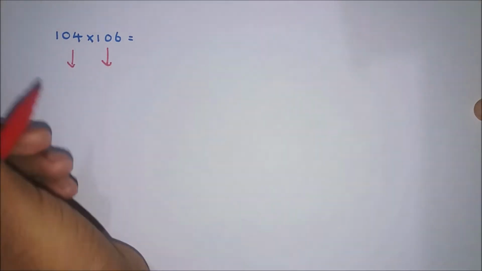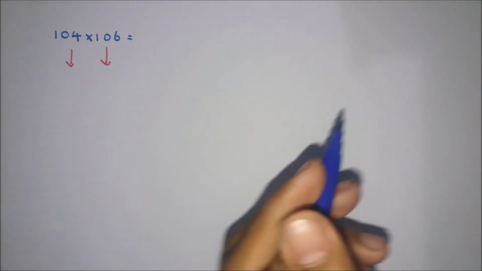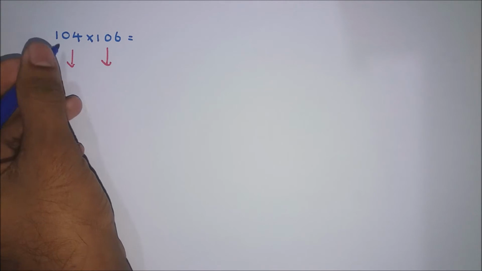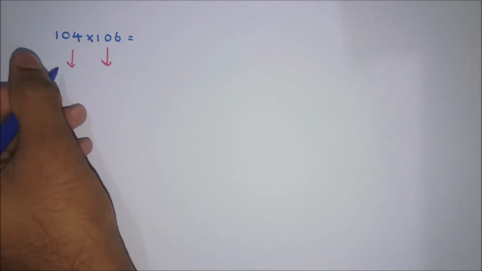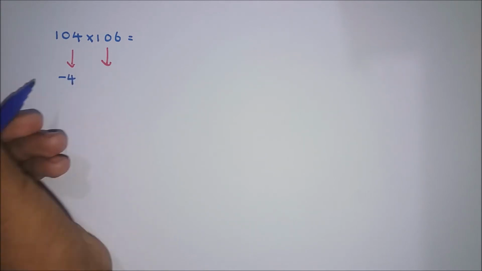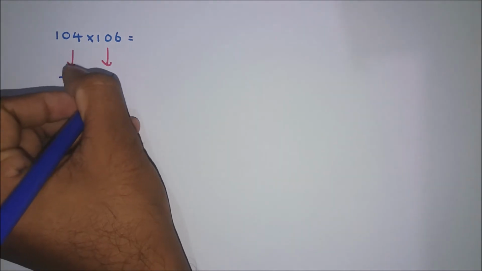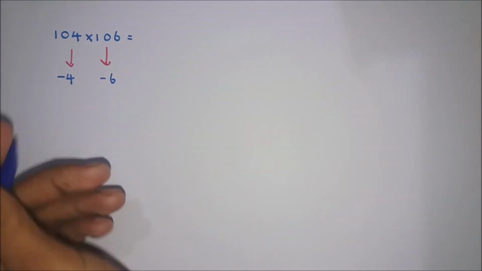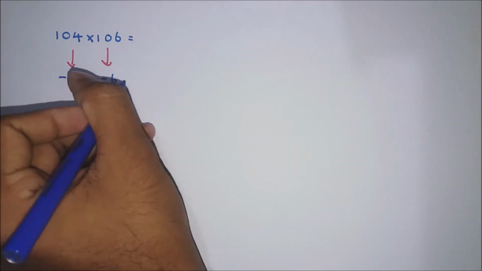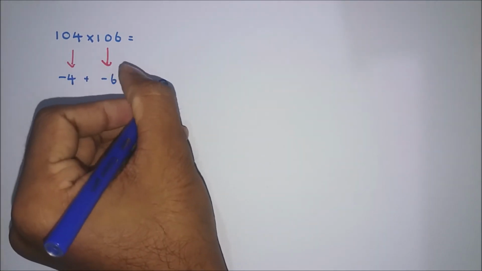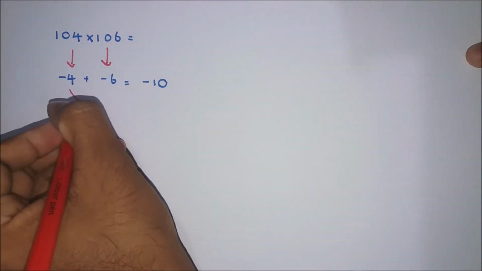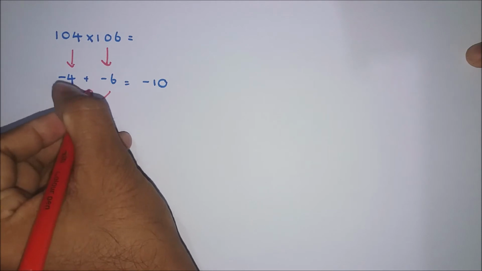The first step is to take the difference between 100 and 104, and between 100 and 106. We know the answers are minus 4 and minus 6. After that, add these two. The answer is minus 10. The next step is to multiply these two.